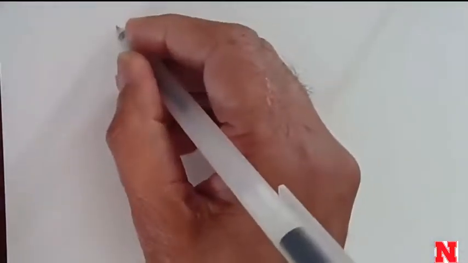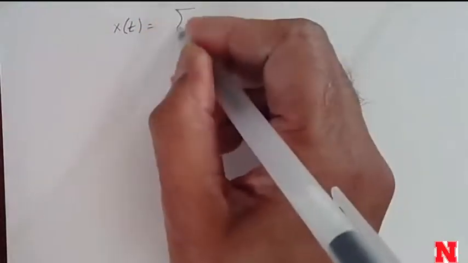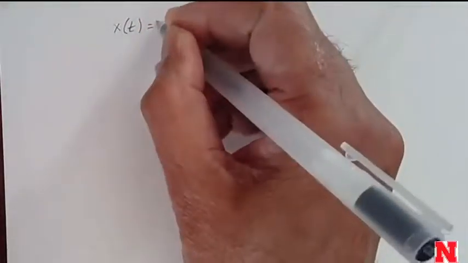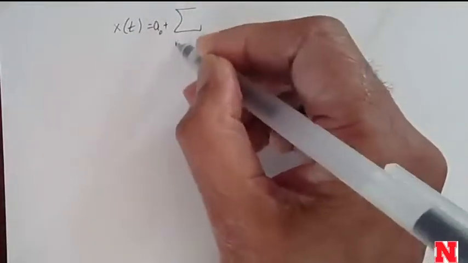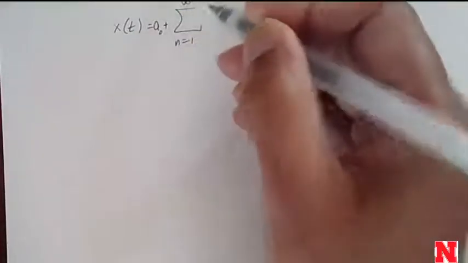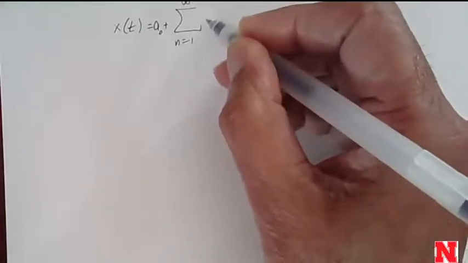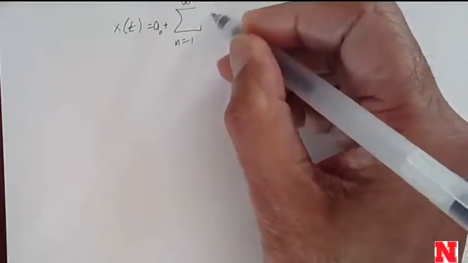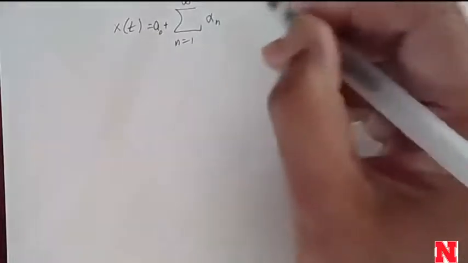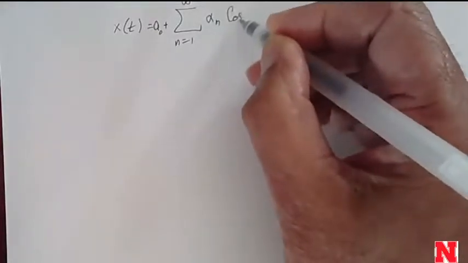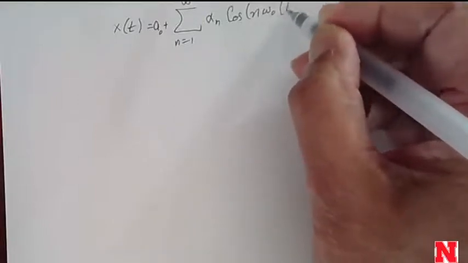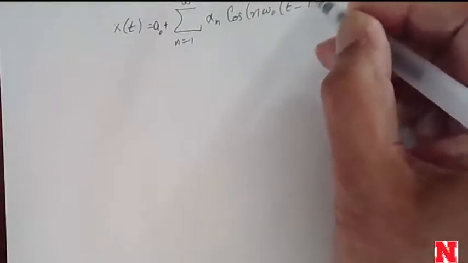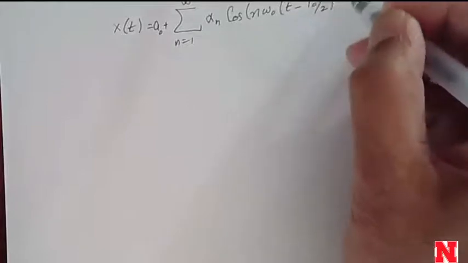What you'll get is x of t will be equal to the DC coefficient, which is still there, and then the summation from n equals 1 to infinity, and you'll get not exactly a_n, but something derived from a_n, so let's call it alpha n. You'll get cosine of n omega naught, and then t minus t naught over 2. So you'll get this.